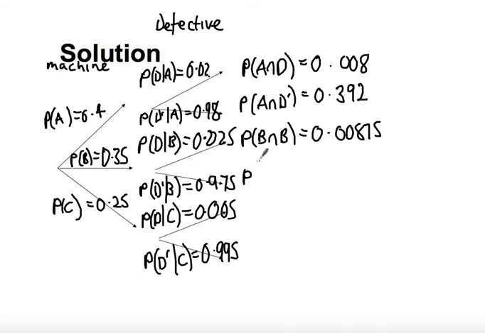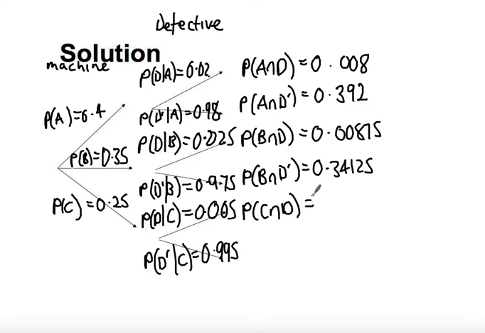The probability of it being from B and not defective, and let's just clarify this up here, apologies, a couple of errors in my notation there, is going to be 0.35 times 0.975, which comes up as 0.34125.